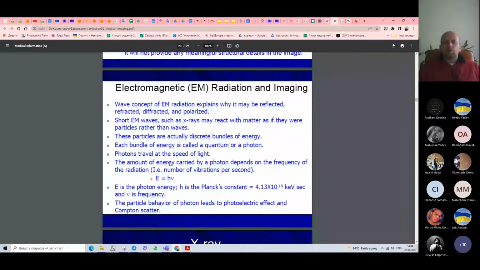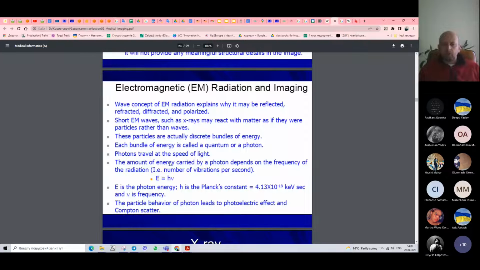Now we will talk about electromagnetic radiation and imaging. The wave concept of electromagnetic radiation explains why it may be reflected, diffracted, and polarized.